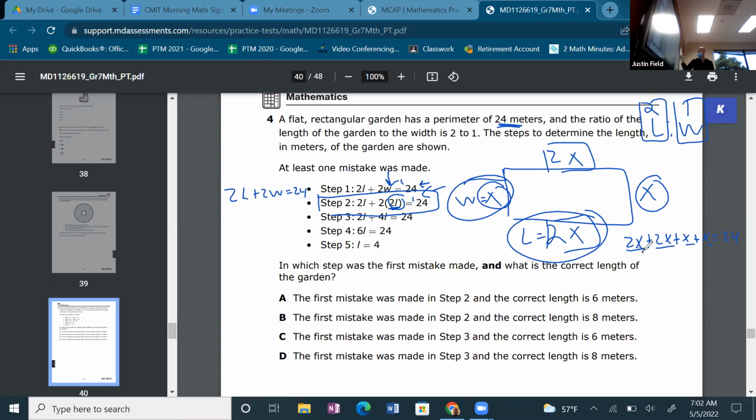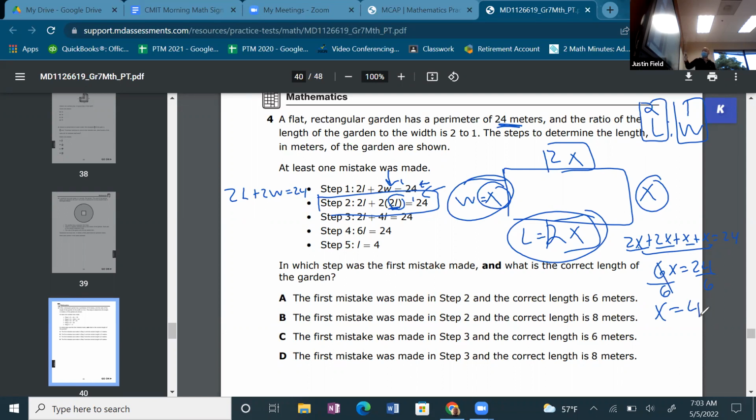So this all combines to be 6x. And then what can we do to find the value of x? What do we have to do to both sides? Divide by 6. And what's 24 divided by 6? 4. So the answer is x equals 4.